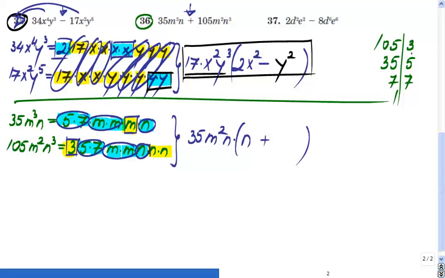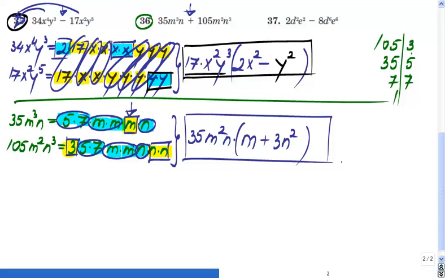What is left from the second monomial? Well, 3 times n, which is 3n. Hold on, we're missing something here. Oh, that's m here, right? It's not n. On the first one, we have an m. So the m plus 3n squared. And that's the answer for the second one, 36.